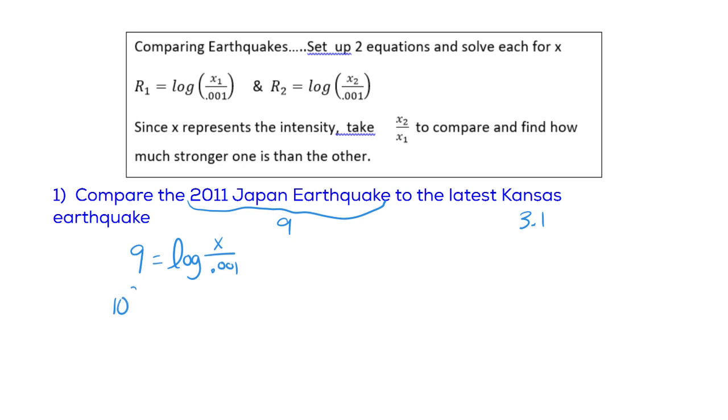So 10 to the 9th is equal to x over 0.001, multiplied by the 0.001, and we're going to have that value. So let me see what that is: 10 to the 9th times 0.001. All right. So the intensity of this was 1 million.